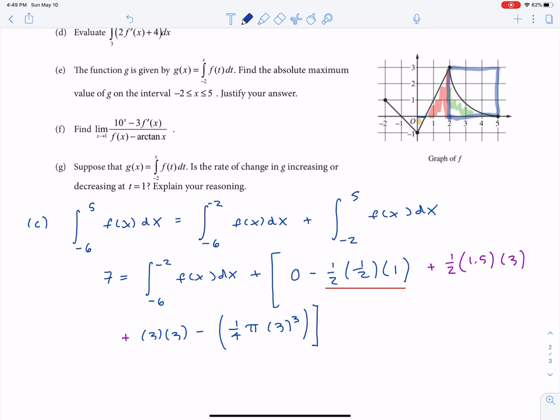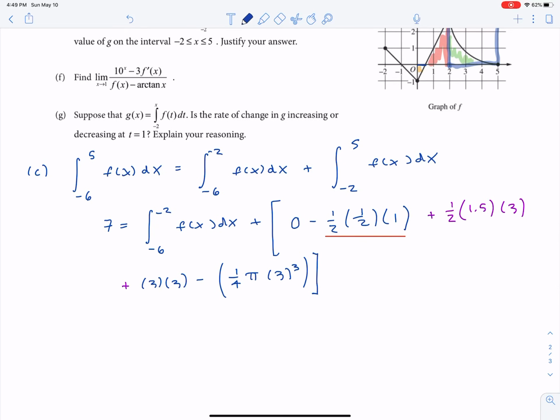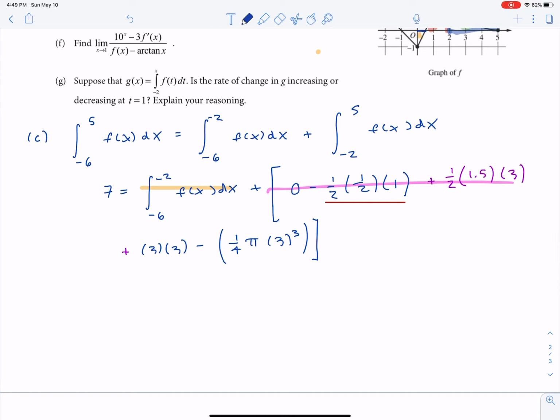Now, obviously in order to find this, all I have to do is subtract all of this stuff from the right-hand side. Let me simplify as I go a little bit. So my answer is going to be 7 minus all of that stuff.